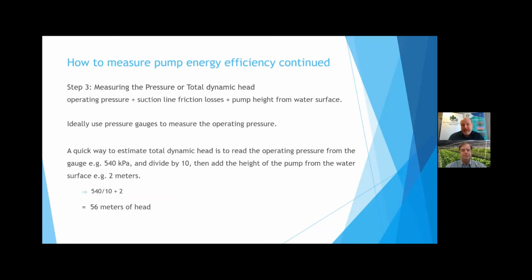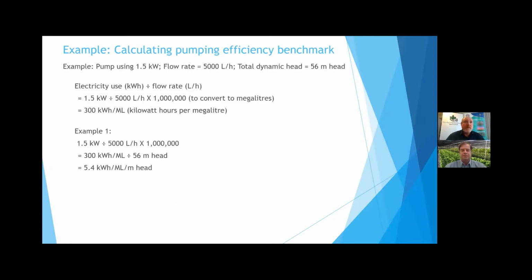It is a rough estimate. Lex has actually pointed out to me that the true conversion factor is 9.8 rather than 10, but as it's a rule of thumb, you can use 10, but you have to keep in mind that this is an estimate only.